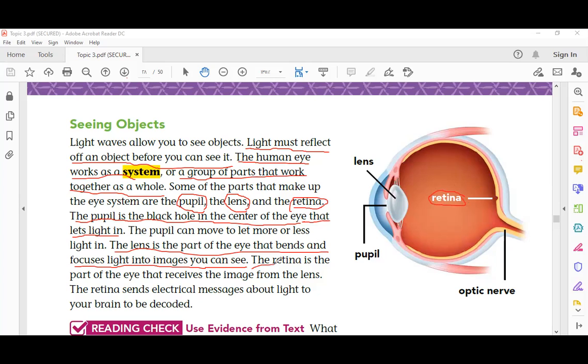The retina is the part of the eye that receives the image from the lens. So the retina receives the light, the image, from the lens. Now the retina sends this light as an electrical message. Where? To the brain.